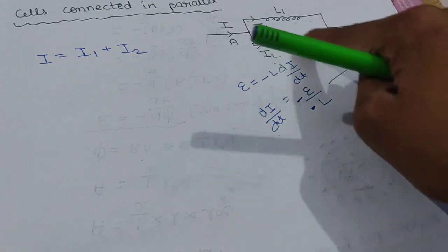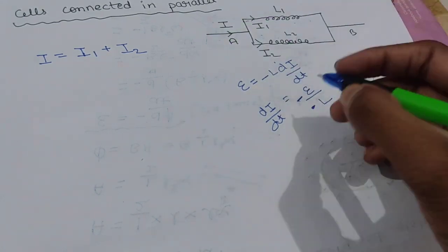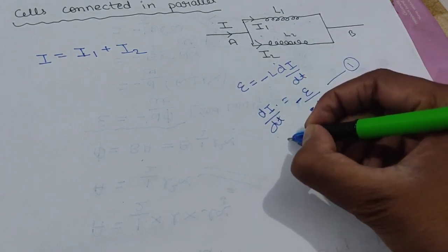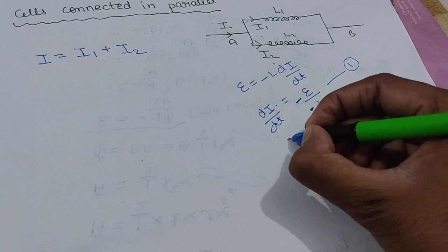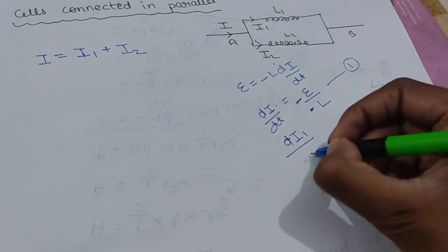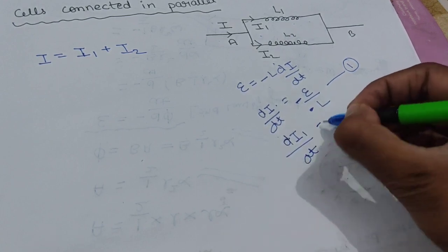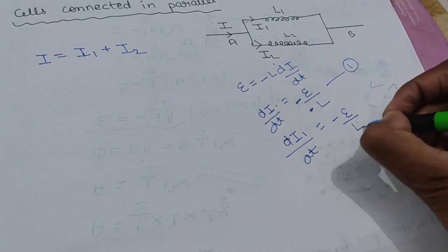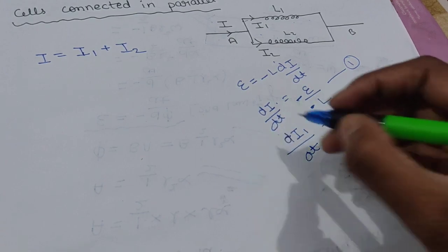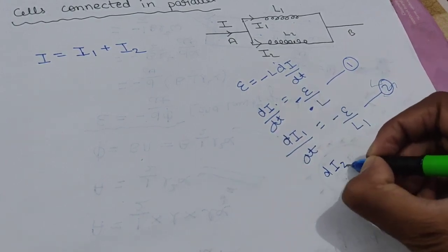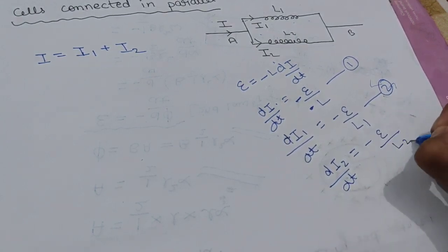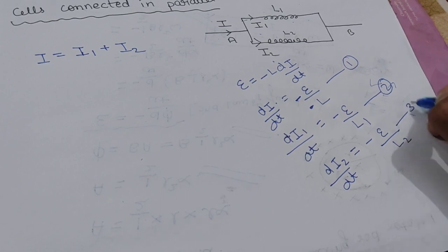For the separate coils, di1 by dt is equal to minus E by L1, which we take as equation 2, and di2 by dt is equal to minus E by L2, which will be our third equation.